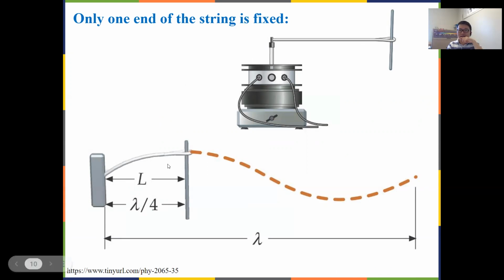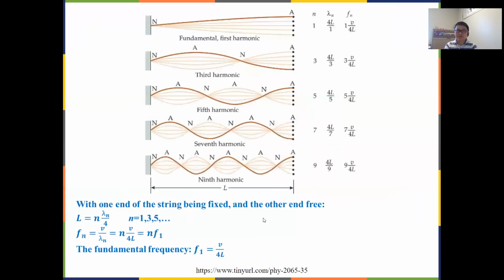Node, anti-node, node, anti-node, and then node is a complete wavelength. So this is 1/4 of the whole wavelength, equal to L. So lambda is equal to 4 times L.